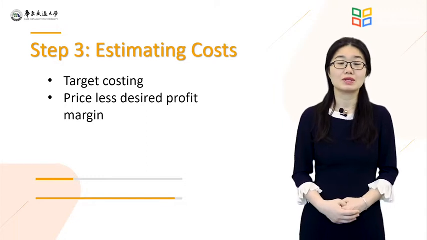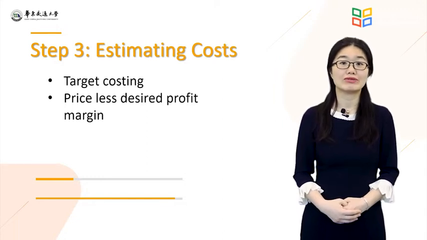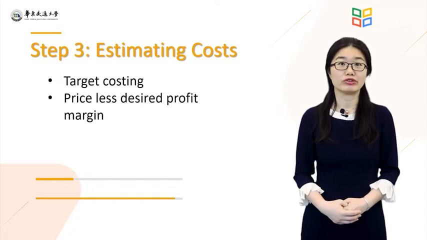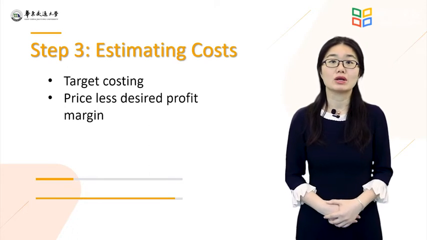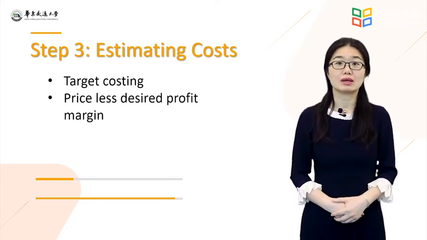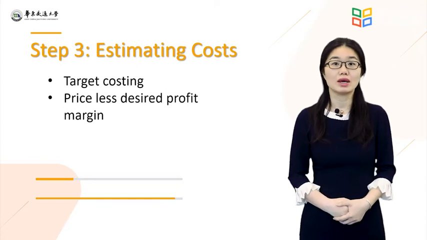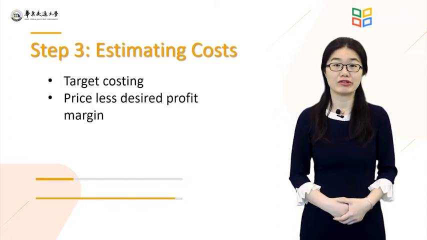This price less desired profit margin leaves the target cost the marketers must achieve. The firm must examine each cost element, design, engineering, manufacturing, sales, and bring down costs so the final cost projections are in the target range. Cost cutting cannot go so deep as to compromise the brand promise and value delivered.